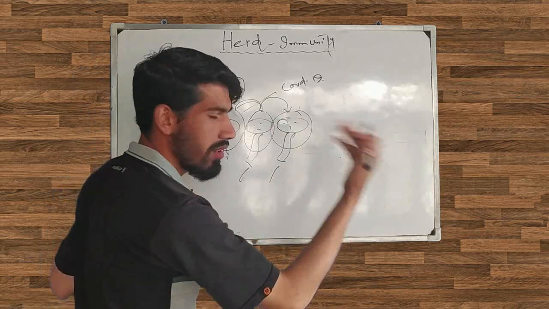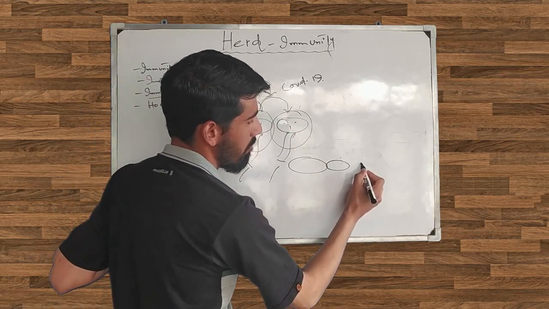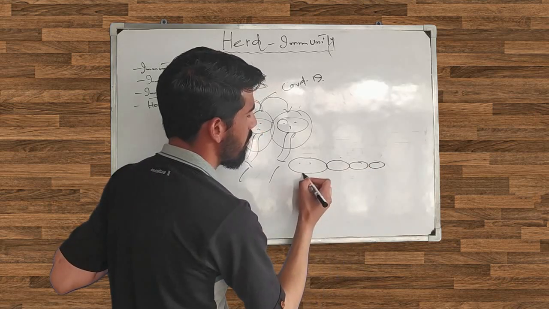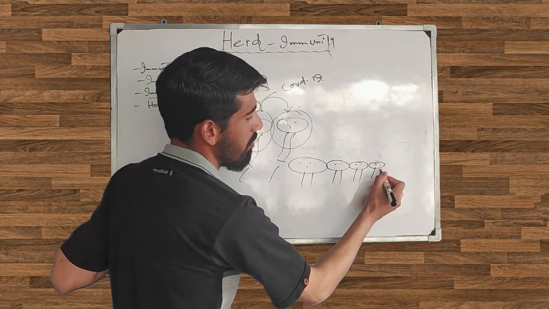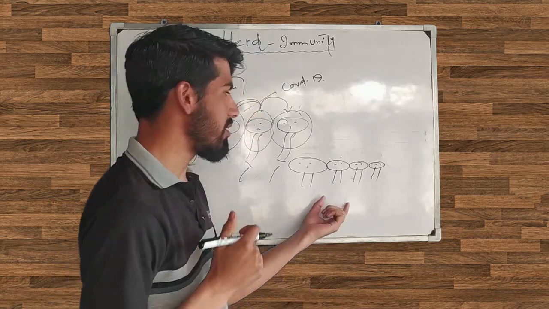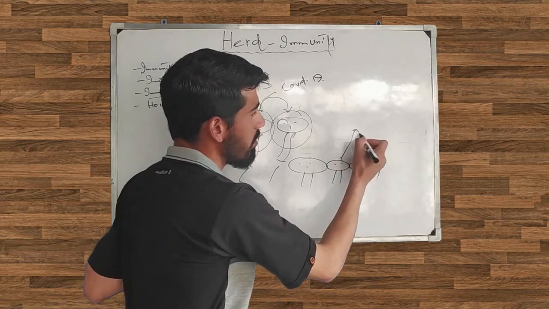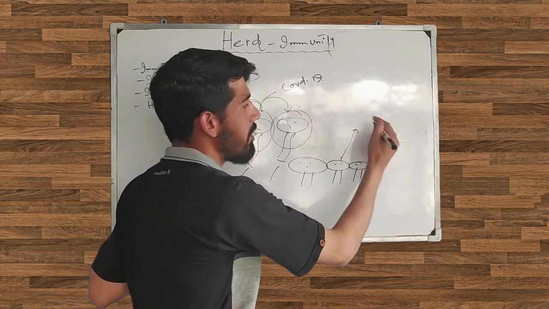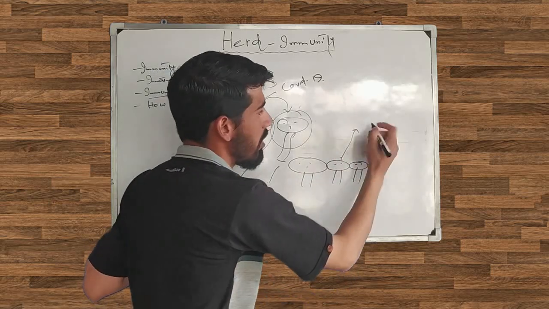Let's assume another group. These are another four persons. What happens in this case? This person was already infected by COVID-19, but recovered from it. Now it's immune.